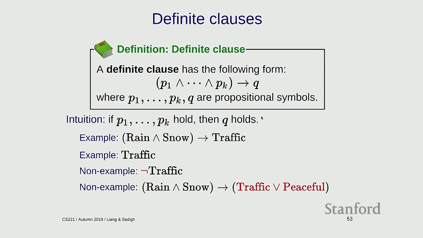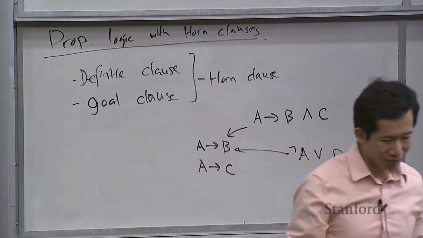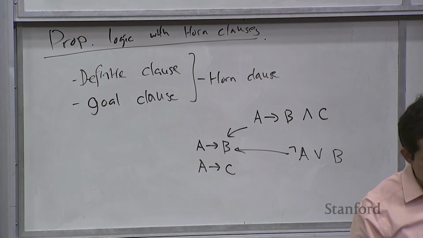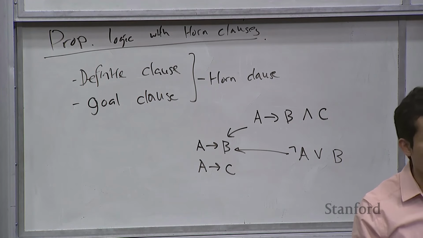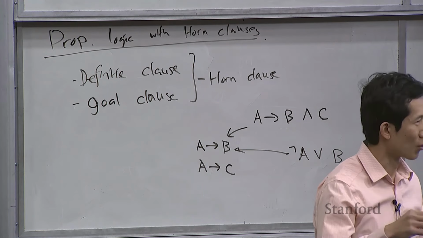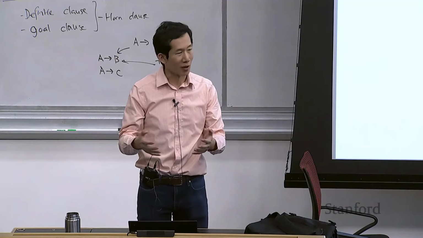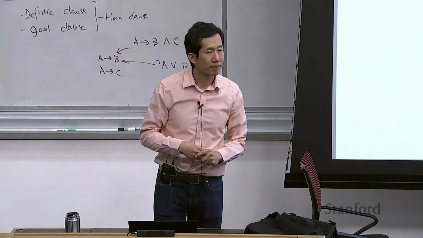Likewise, if I gave you not A or B, it's not a definite clause by the definition, but you can rewrite it as A implies B. So you can extend this to all things which are morally Horn clauses, where you do a little bit of rewriting, get a Horn clause, and then do your inference.